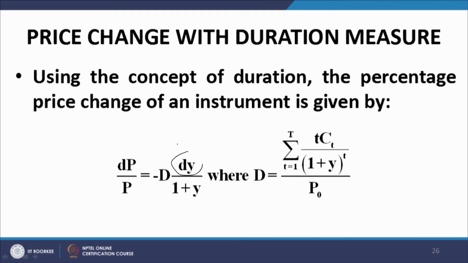So, that means we have two fundamental assumptions that go into the duration convexity model of working out price percentage changes: number one, we assume a flat yield curve, and number two, we assume a parallel shift in the flat yield curve, which is captured by this dy. This is very important, one issue where we need to be careful and conversant.